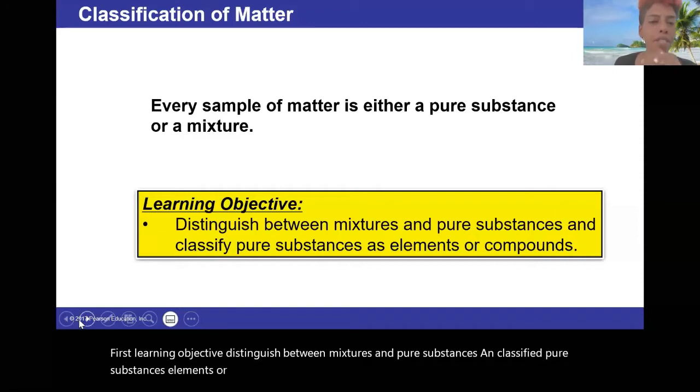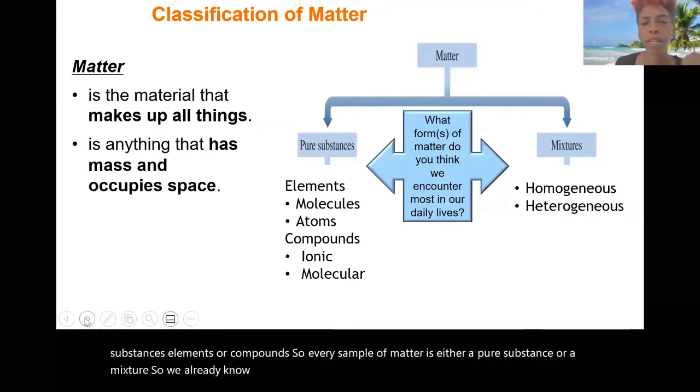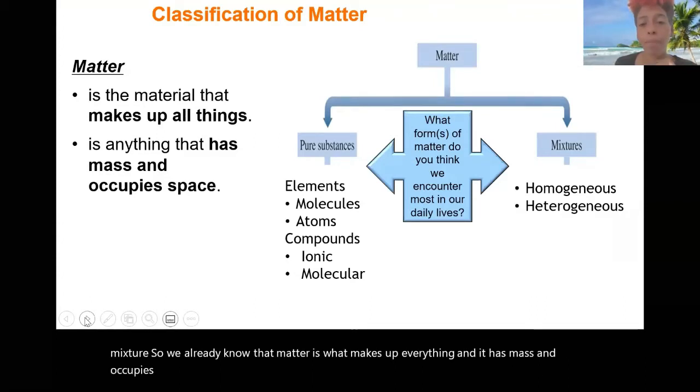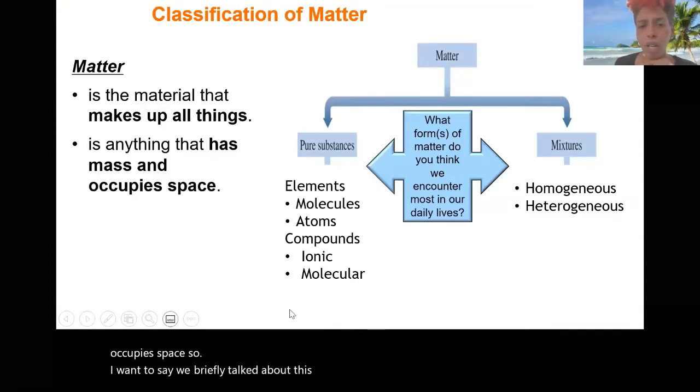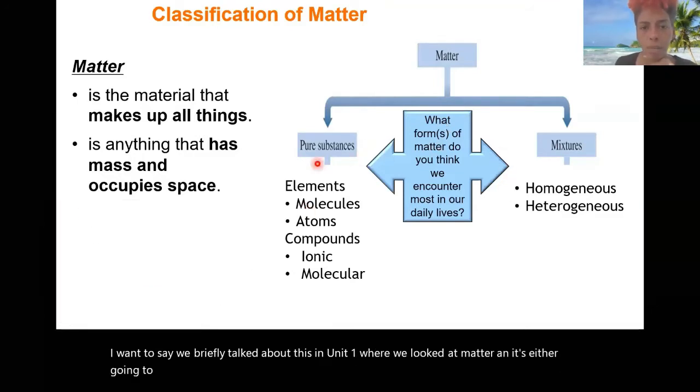So every sample of matter is either a pure substance or a mixture. So we already know that matter is what makes up everything, and it has mass and occupies space. So I want to say we briefly talked about this in Unit 1, where we looked at matter, and it's either going to be pure substances or mixtures.